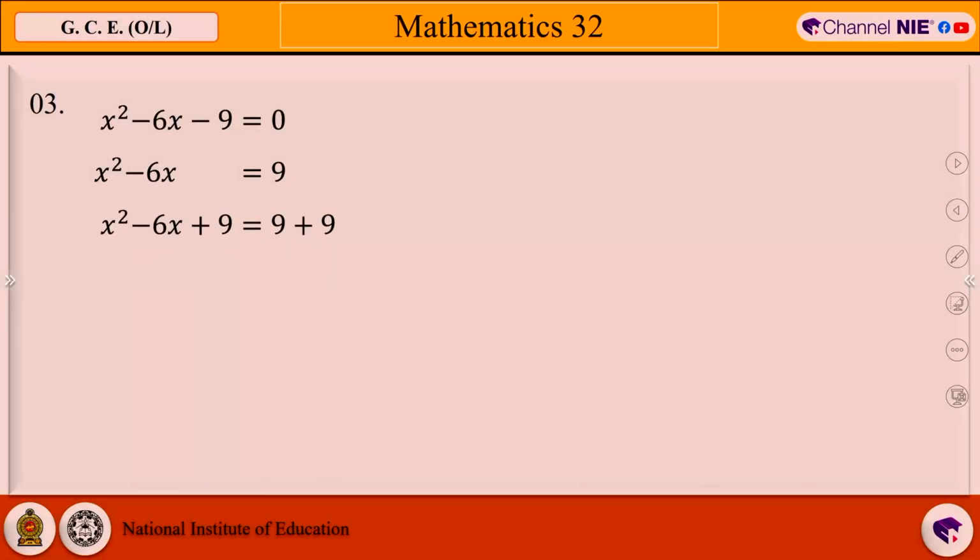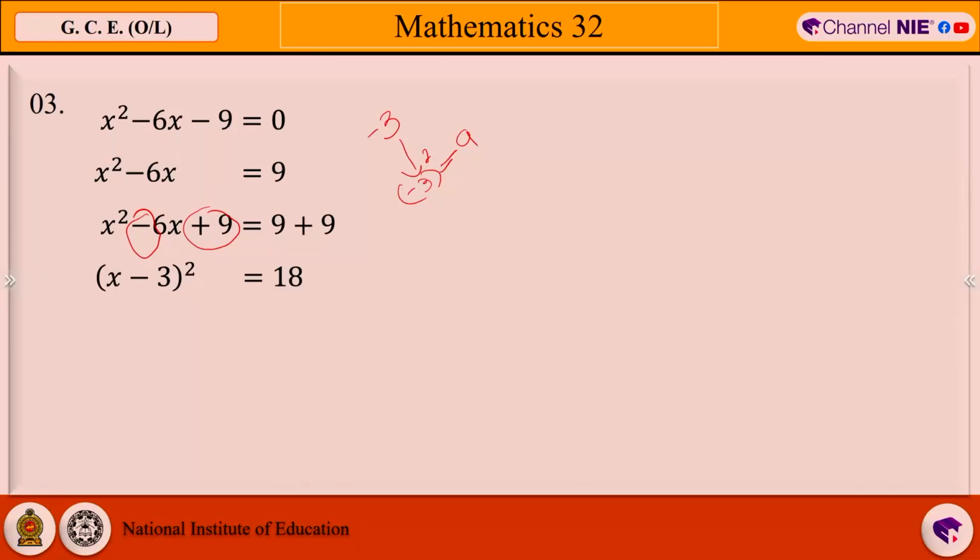First, we have to make the left hand side a perfect square. To do so, we have to add a constant value. What is that constant value? That is the half of the coefficient of x, which is 3, and the square of that, which is 9. So, that is added to the left hand side and right hand side.